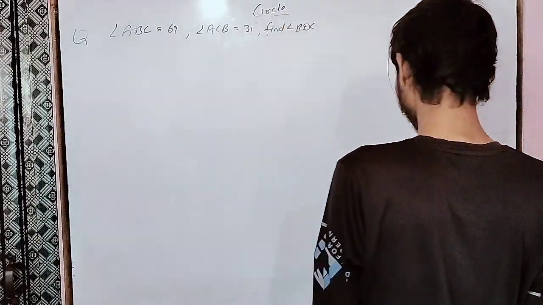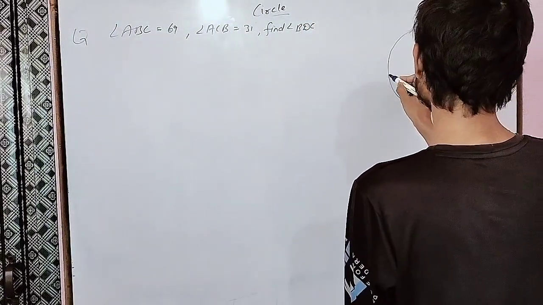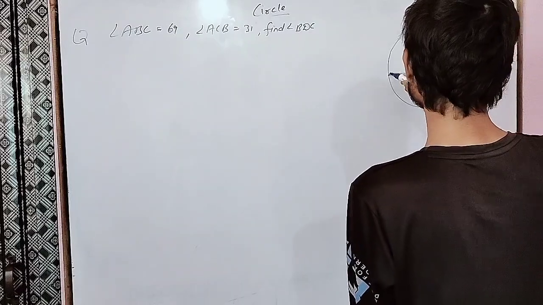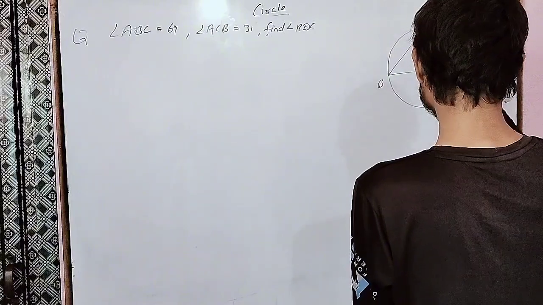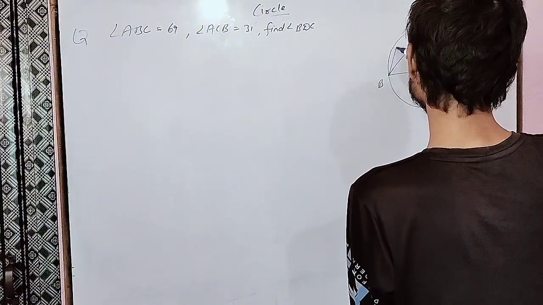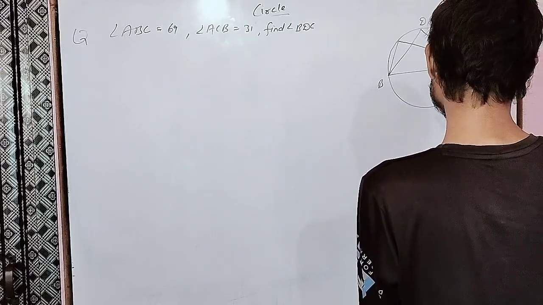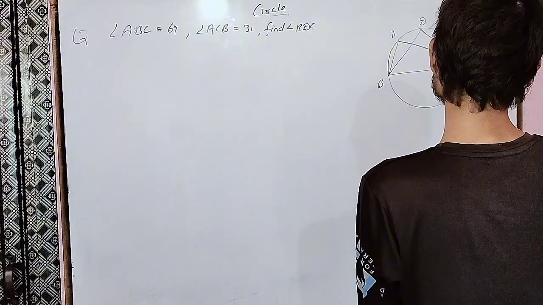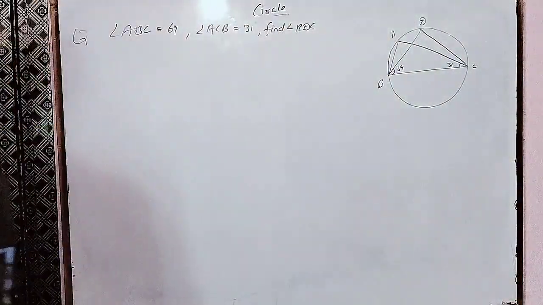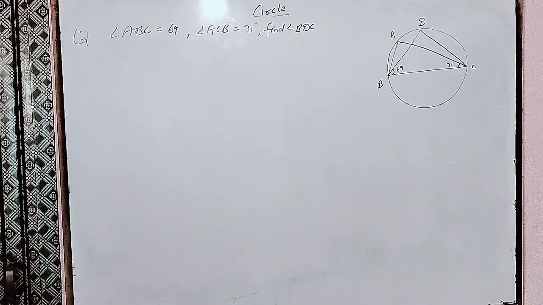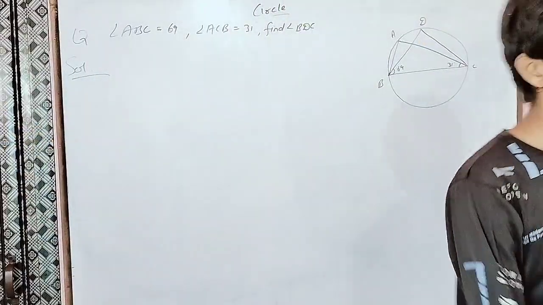This is a circle. Now the figure of this question is given already. Now this is the figure of this question. We have to find what? So here something is given. What is given?